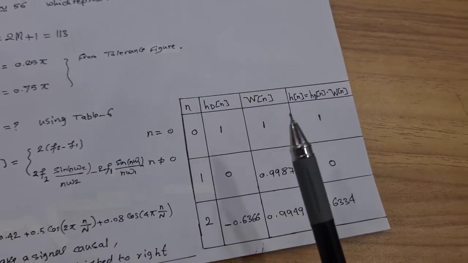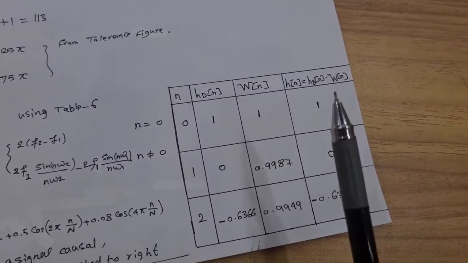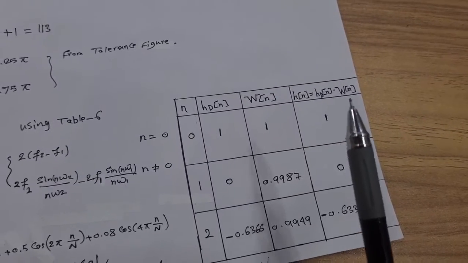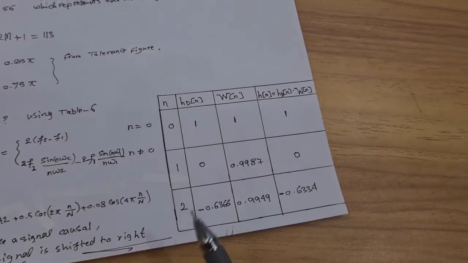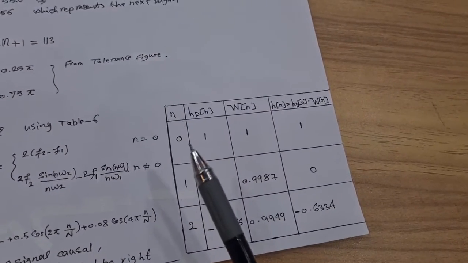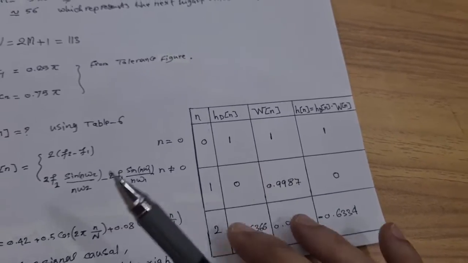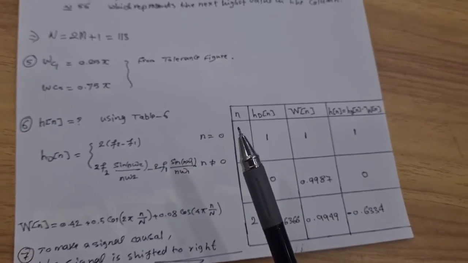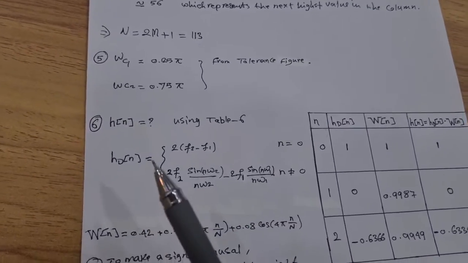H of N equals HD of N multiplied by window of N. Already we have to calculate HD of N and window of N. So what's the formula that calculates these values? We refer to this equation.